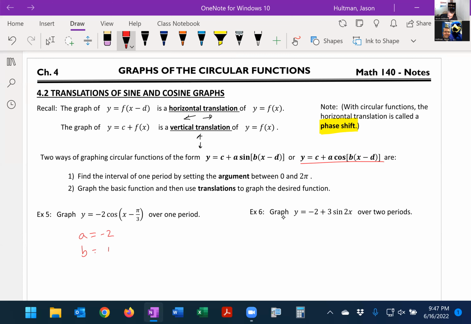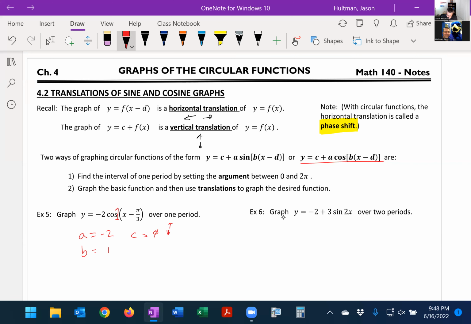There is no number, but there's an imaginary 1 right here, factored out of the parentheses x minus pi over 3. C would be something that's added at the very end or the very beginning to the function. There isn't anything, so that's 0. So there's no vertical shift, no up and down shift.